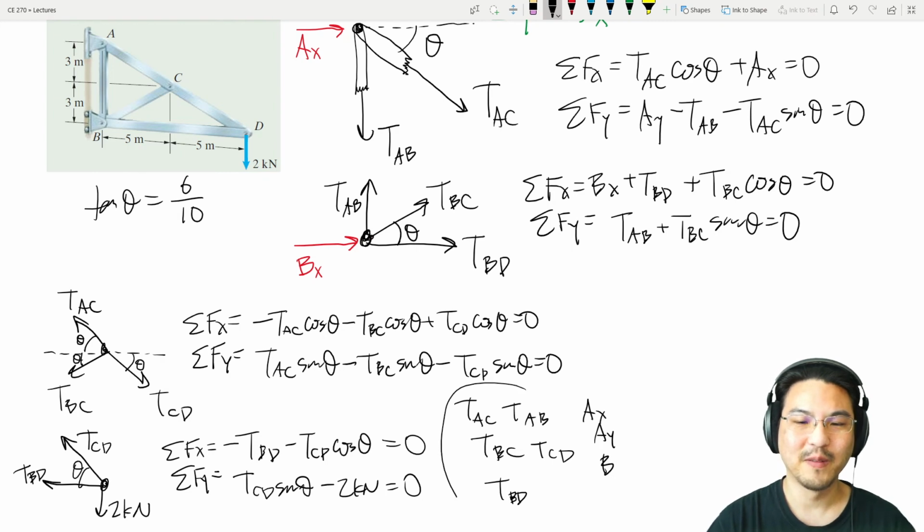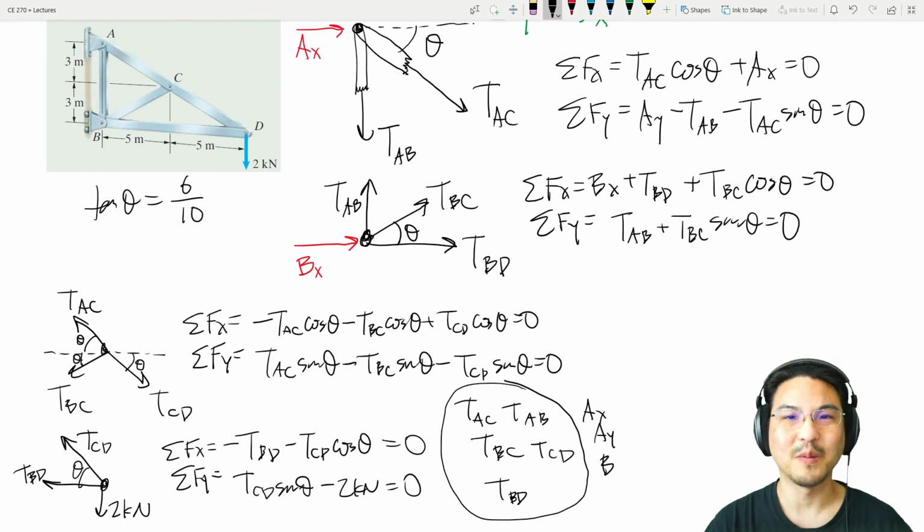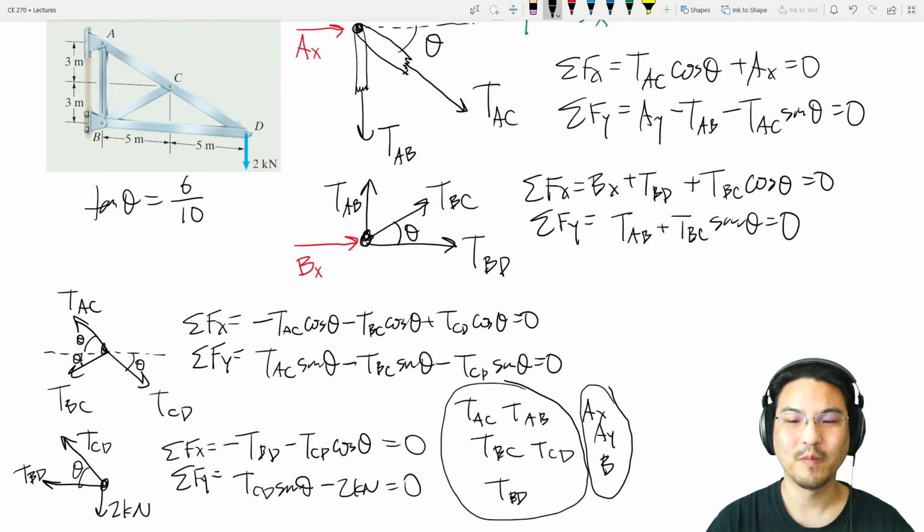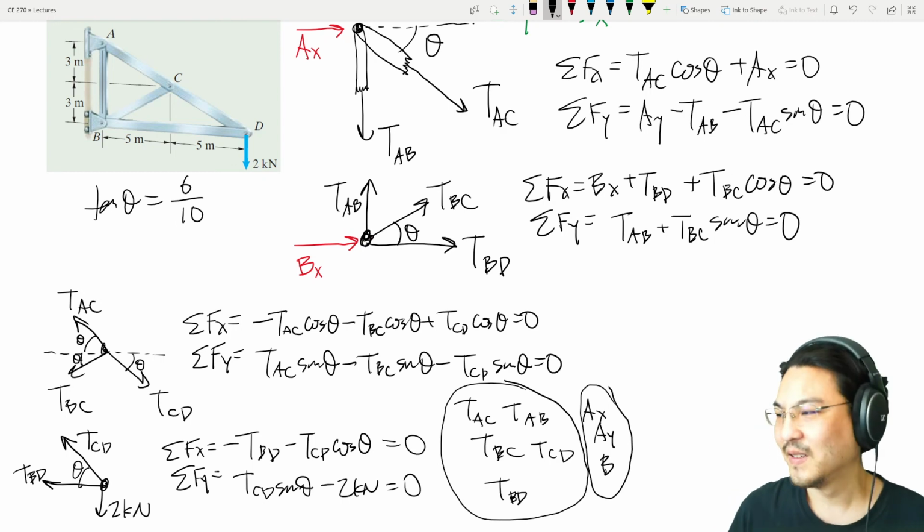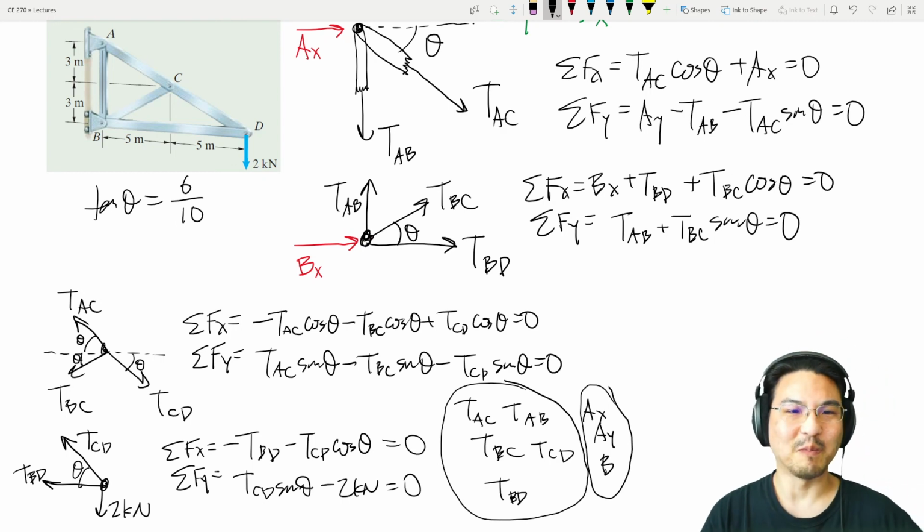So we have 5 axial forces in the members of the truss and 3 reactions at the supports. 8 unknowns, 8 equations you can solve. So this method is well suited for computers because you just give it 8 equations, 8 unknowns. But it's not as bad as it sounds, because realistically, how do you solve this?